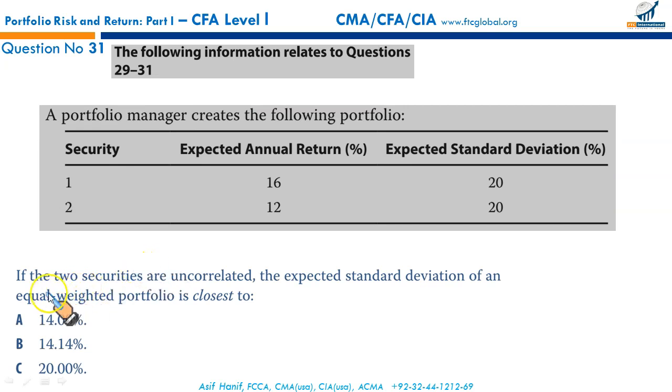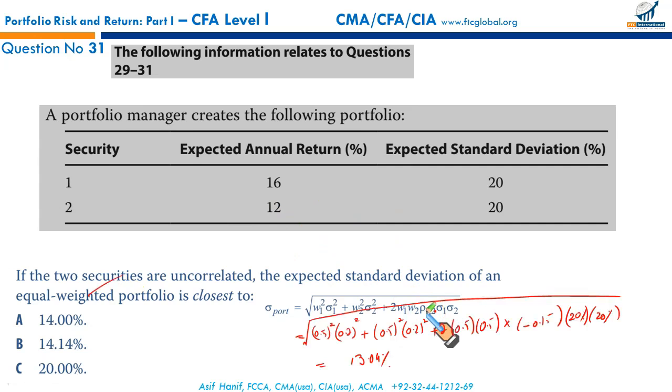Okay, the next part says if the securities are uncorrelated, and there is no correlation, the expected standard deviation of an equal weighted portfolio is closest to... This is the formula. Since there is no correlation, this correlation coefficient would be 0, everything else being the same. So you simply replace negative 0.15 with 0, which means the only factors that are relevant are these, and all of this is gone.